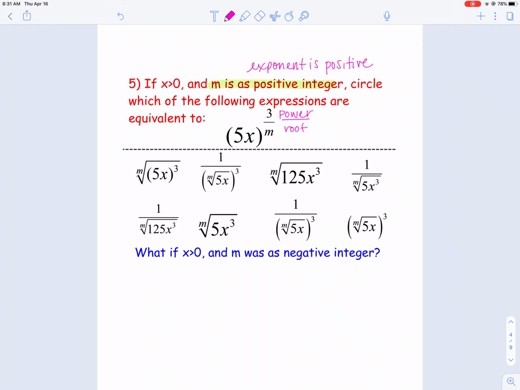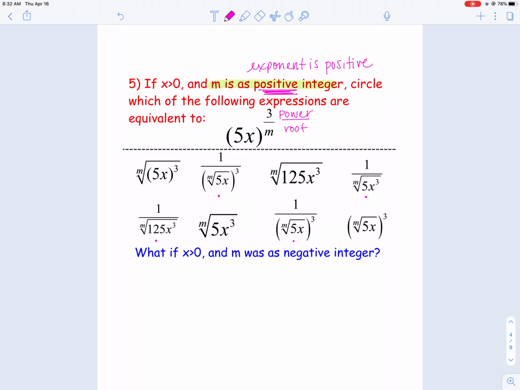I see some of these down here that would never, ever be your answer if we're talking about positive. So I'm hoping you all can see anything with 1 over, like this guy, and this guy, and this guy, and this guy. That's never going to be your answer. That's when, if you notice down on the bottom, you have a negative exponent, not a positive exponent.